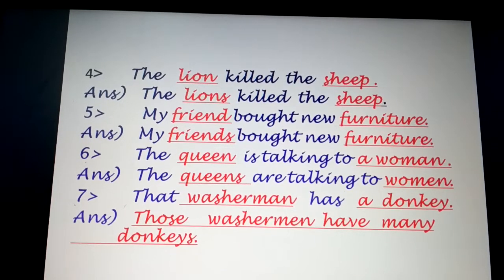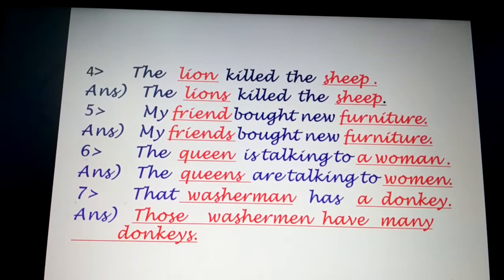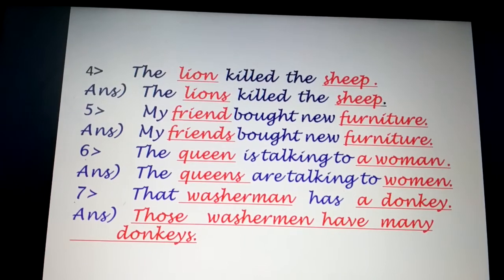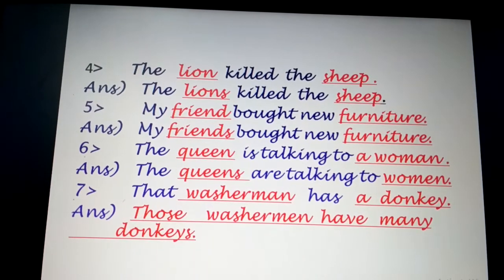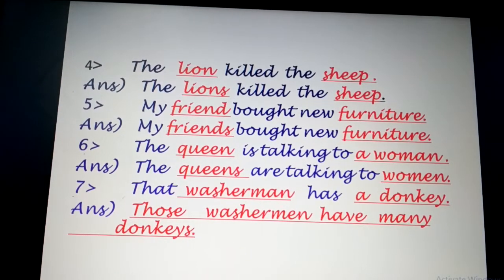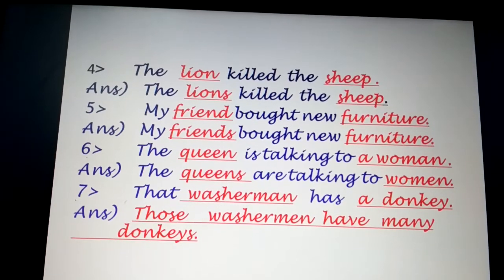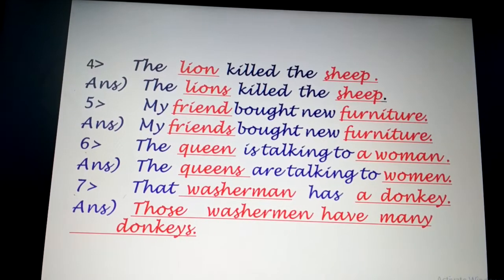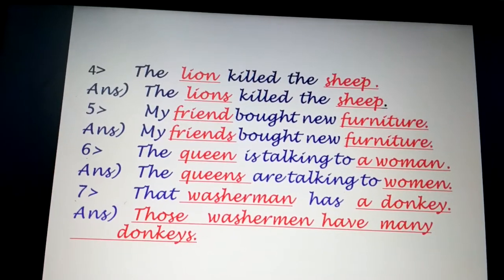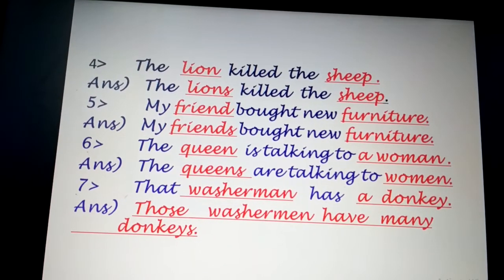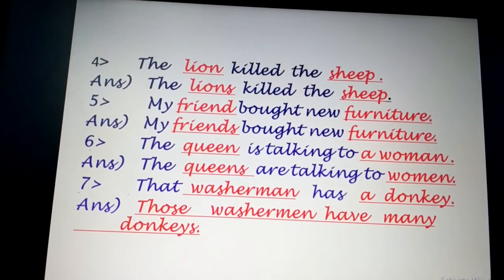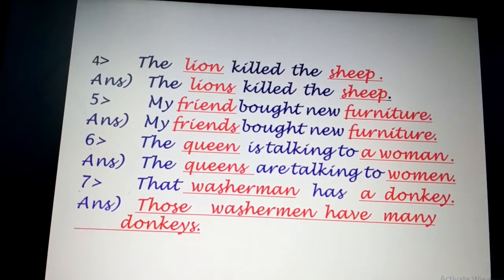The lion killed the sheep. The lions, obviously lions, killed the sheep. I hope you remember that the word sheep stands for one as well as for many. My friend bought new furniture. My friends bought new furniture. The queen is talking to a woman.